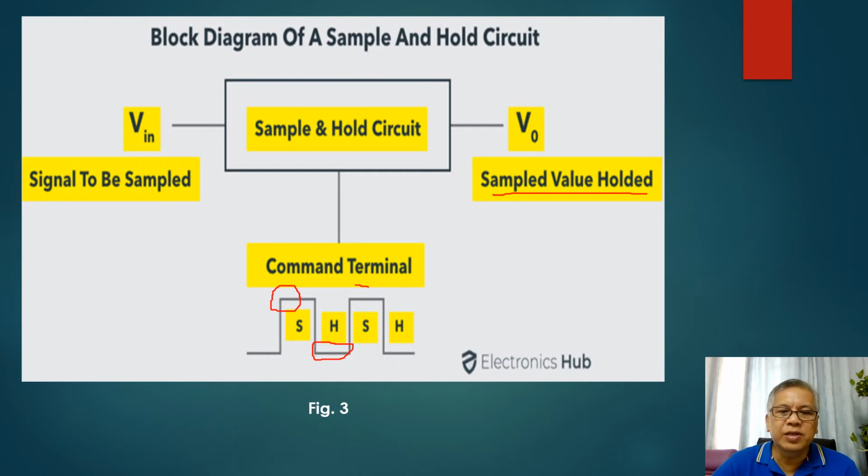Say for example, this particular area here. A sample is taken again from your signal to be sampled from your transducer. And this particular signal will be held again for a very short period of time and will be transmitted towards your analog to digital converter.